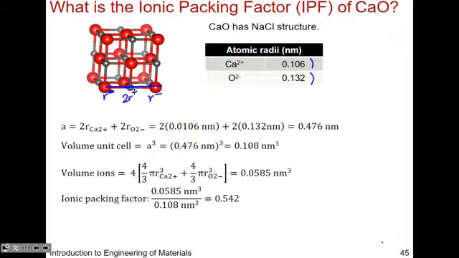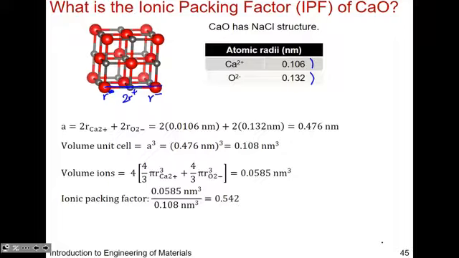And so if you calculate the volume of the unit cell and also the volume of the atoms, you can get the ionic packing factor based on the 2 different ionic radii. Okay? Same methodology. Now you have 2 different values for radii.